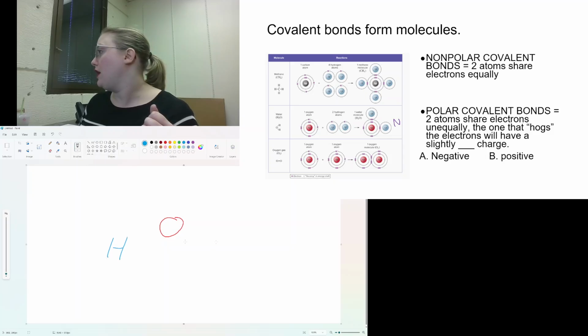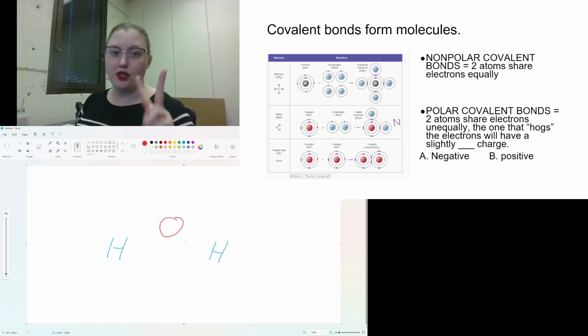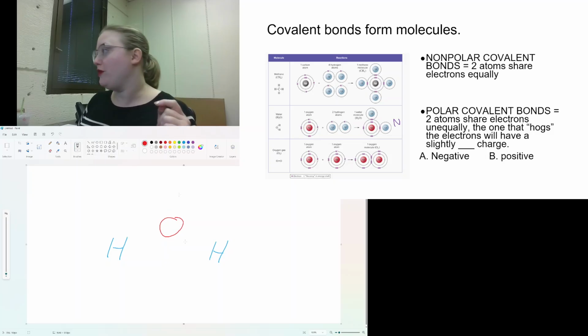Hydrogen and hydrogen. Now oxygen has 8 electrons, so it's going to fill up the first shell that holds 2, and then it has 6 more, so it's going to have how many blanks? 2 blanks.